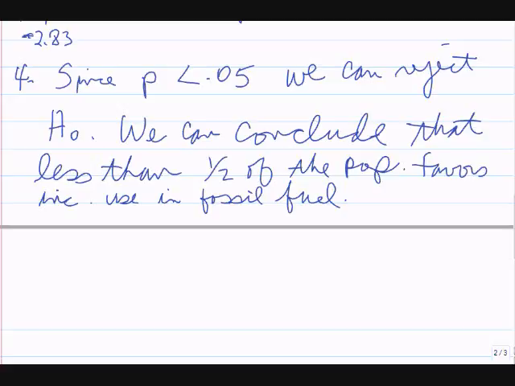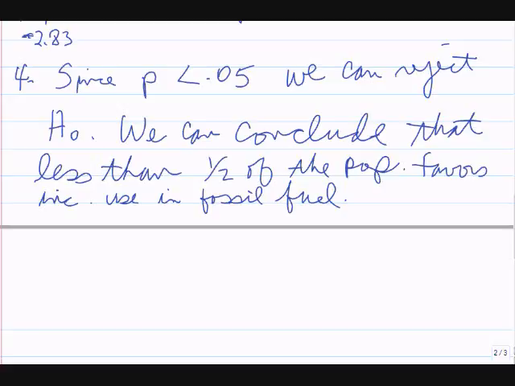The confidence interval that we learned before for proportions, we're going to review that right now. We're going to do a confidence interval with the same set of data. People say, oh, well, that tells you a little bit more. It doesn't just tell you that less than half of the people favors this increase in fossil fuel.